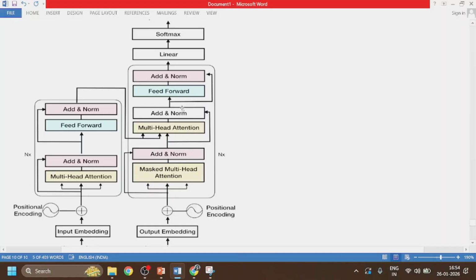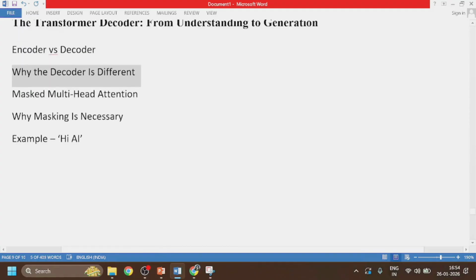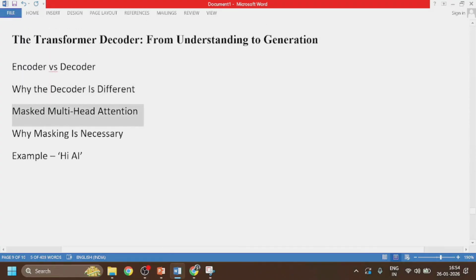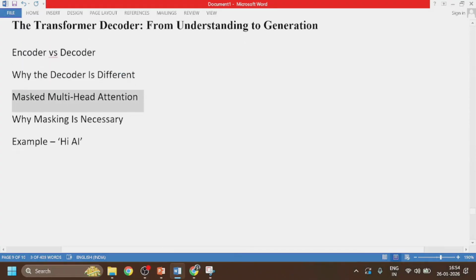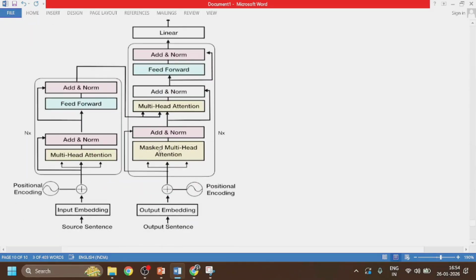If it could, it would be cheating. Humans get it instantly. Now we are going to move to masked multi-head attention. Here in the decoder you can see masked multi-head attention.